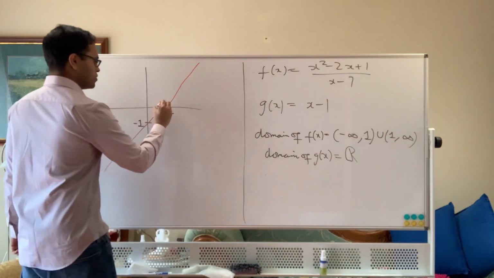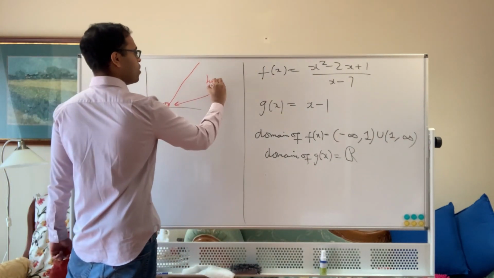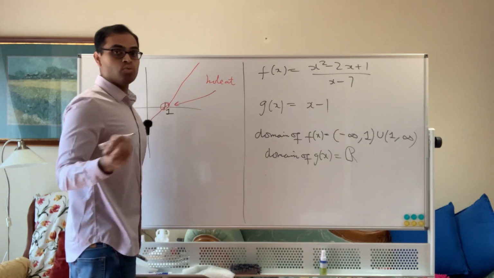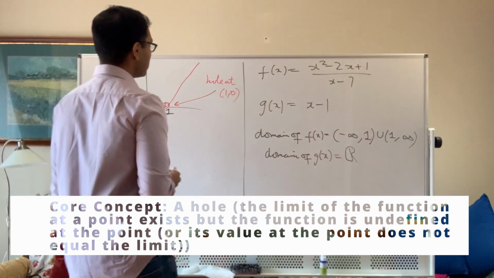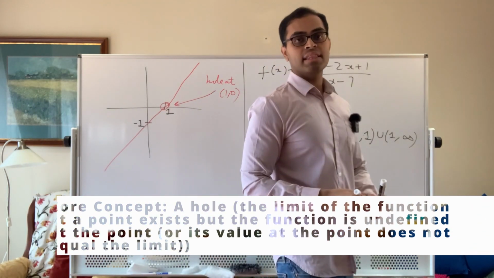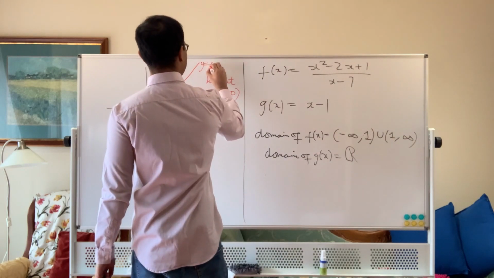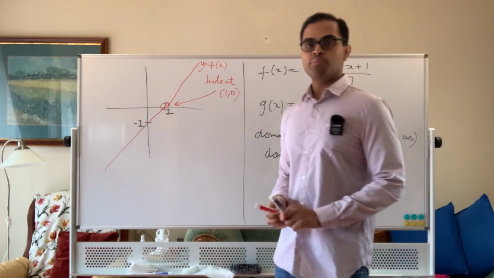So for sketching graphs, we will say a hole at x equals 1, or you can say a hole at 1 comma 0. A hole at 1 comma 0 is the most descriptive way of saying that. And that's the graph of y equals f of x. Crazy looking function, but when you draw the graph, it's actually pretty simple.